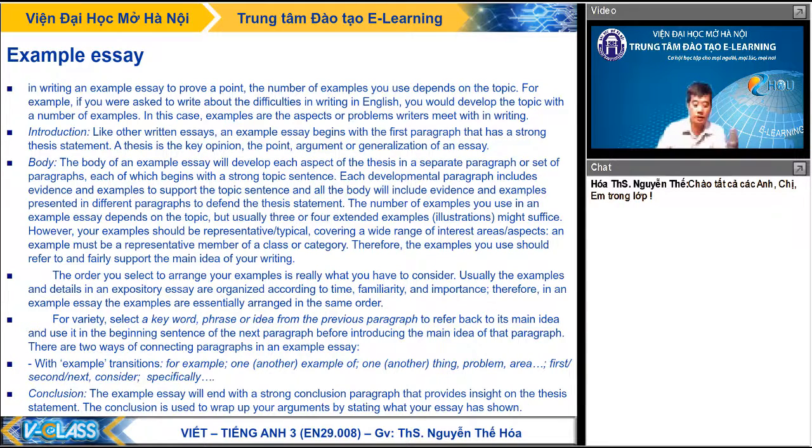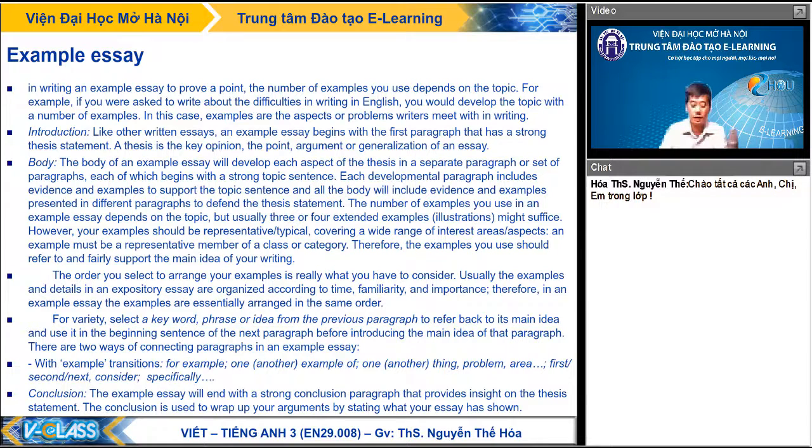For variety, you select a keyword, phrase, or idea from the previous paragraph to refer back to its main idea, and insert it in the beginning sentence of the next paragraph before introducing the main idea of that paragraph. And also, you have to write the conclusion.